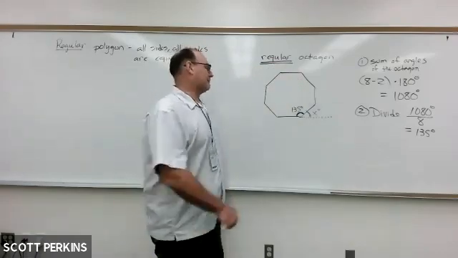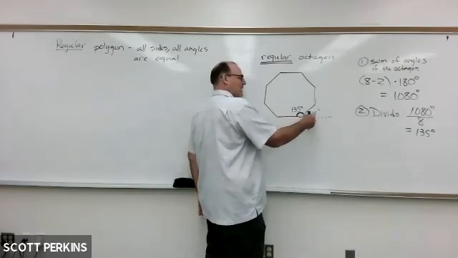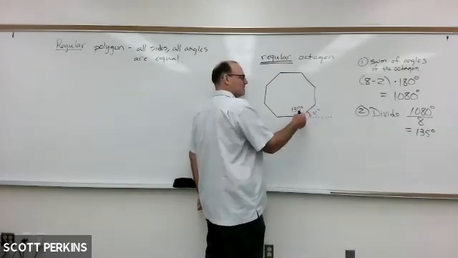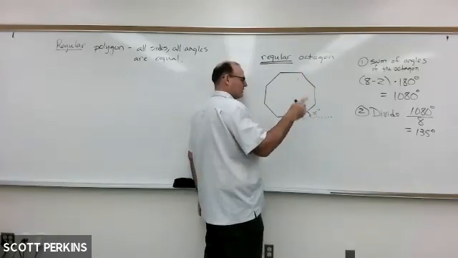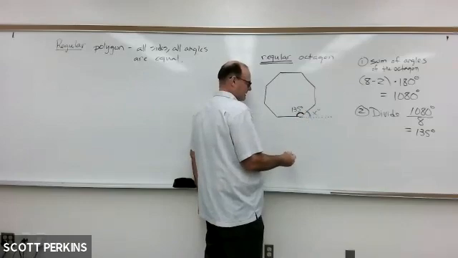And then the last thing, since I drew this dotted line, how do these two angles relate? They're supplementary. So take a moment with your calculator to figure out what x is equal to.